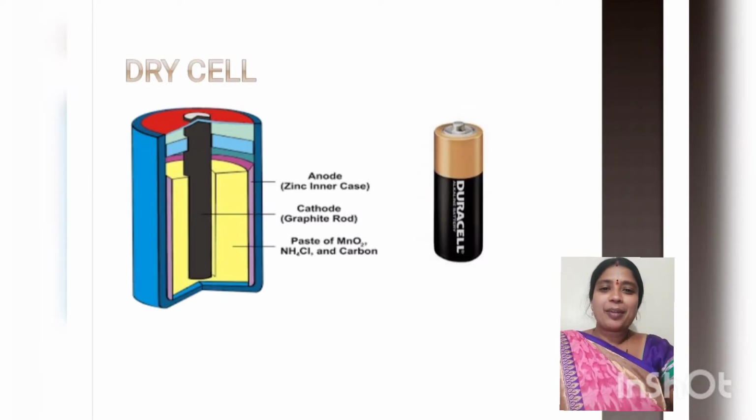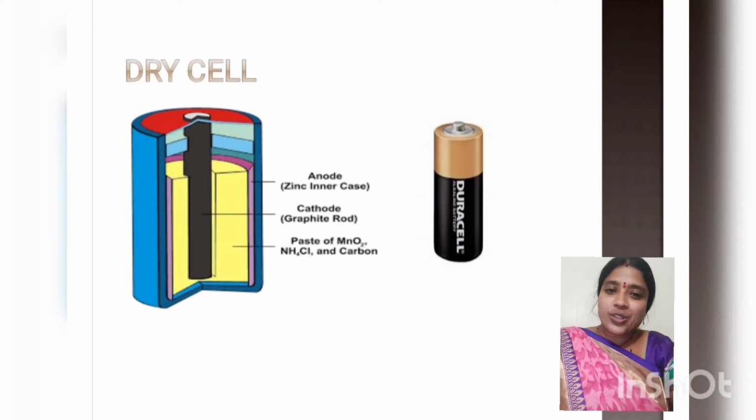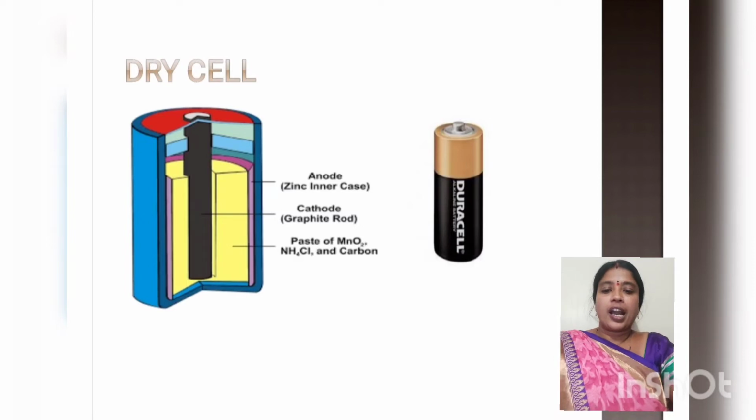By its name only we can understand that it is a source of electric current, and it is something related to dry. Why is it known as a dry cell? Because it contains ingredients that are in the dry form, or we can say semi-solid form. Now, what is present inside this dry cell?